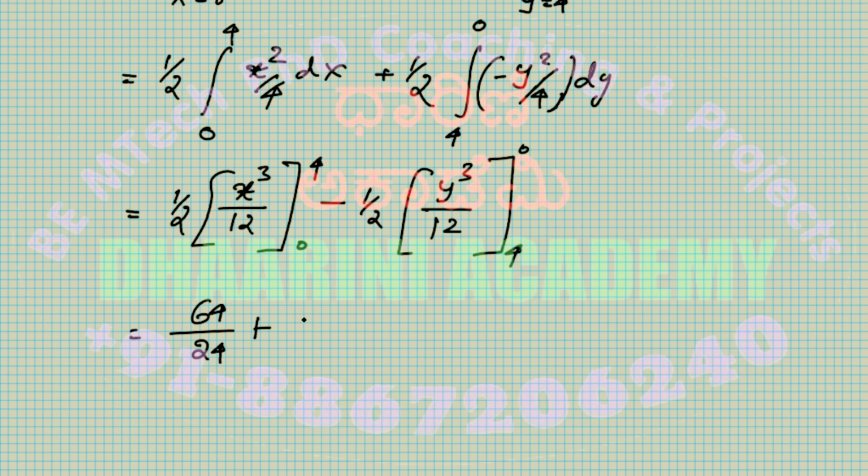Minus of minus becomes plus. Once again, 64 by 24. Right? 128 by 24. So we can cancel 8 and 8, 16. 16 by 3. Just verify.